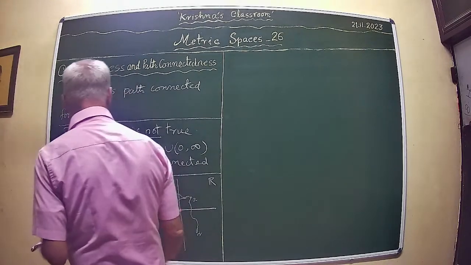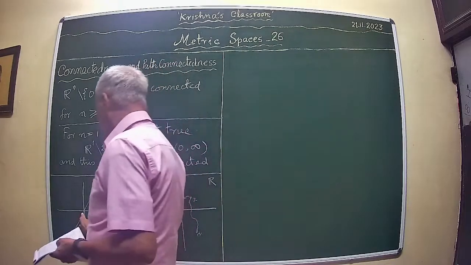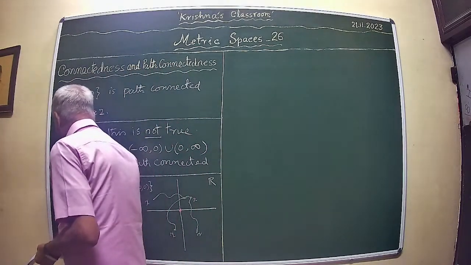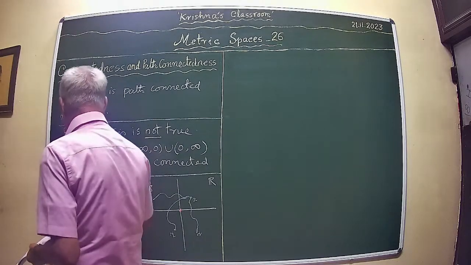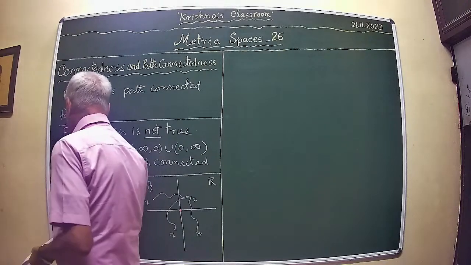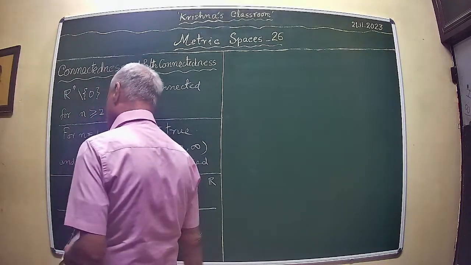If you take these vectors, that means you are looking at vectors on this side, then you see that these two are not connected along this line. It's a one-dimensional situation. But then you have a lot of space in R2.